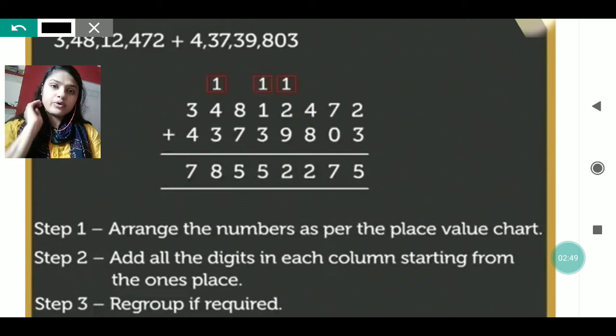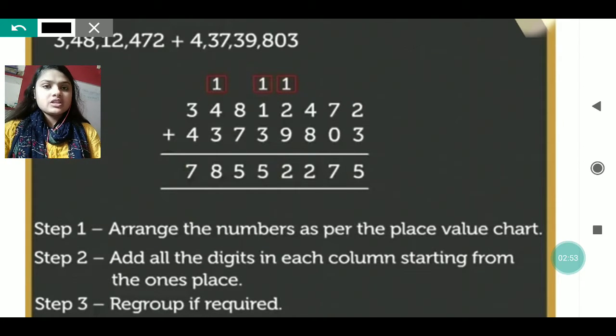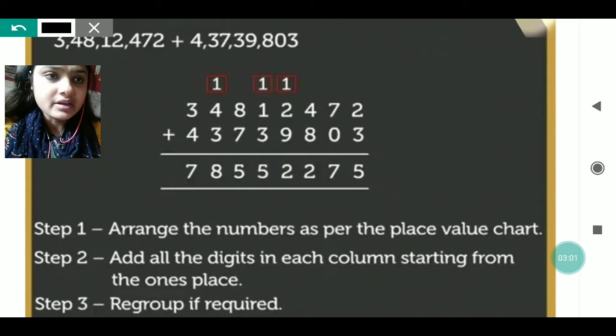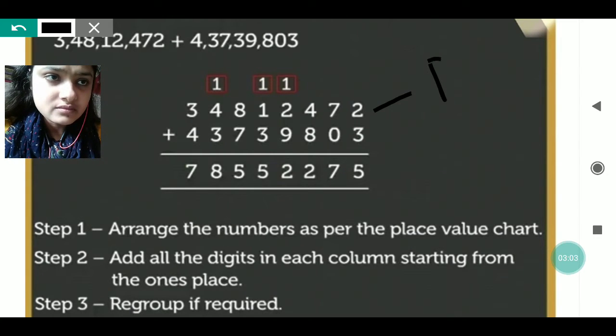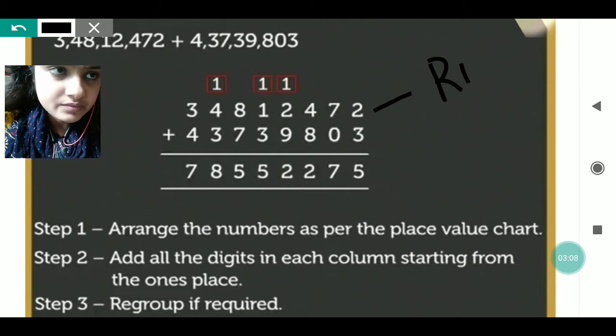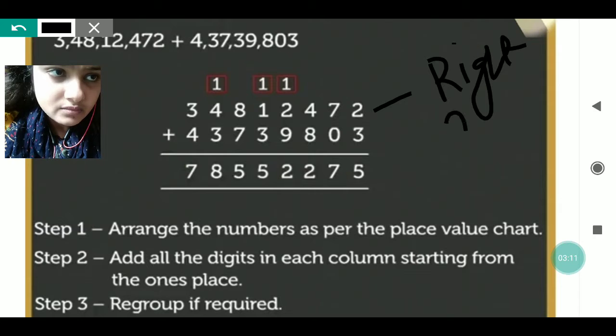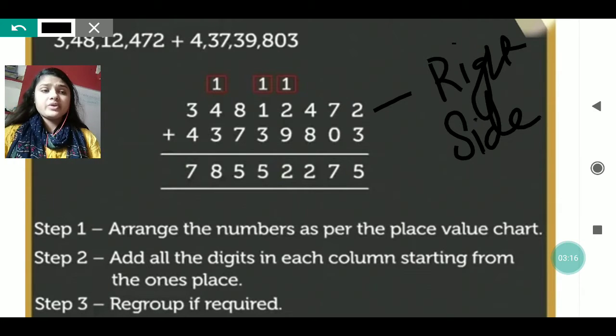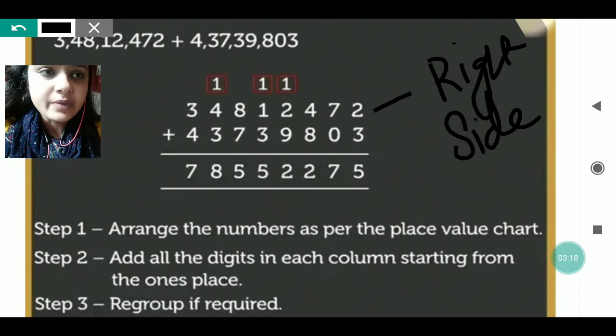I am going to arrange these two numbers according to their place value. After arranging the numbers according to the place value, we will start doing the addition. Whenever we start the addition, we always start from the right side, okay, from the ones place.